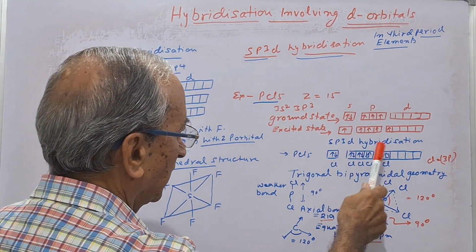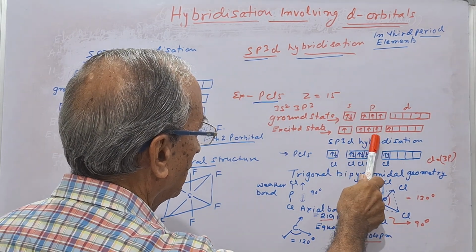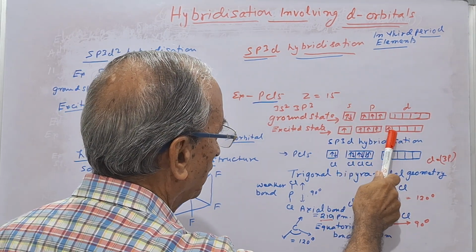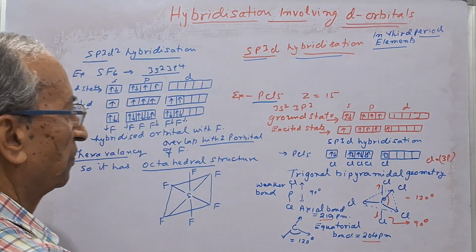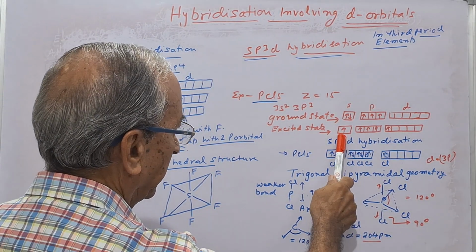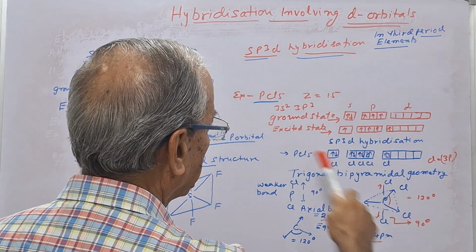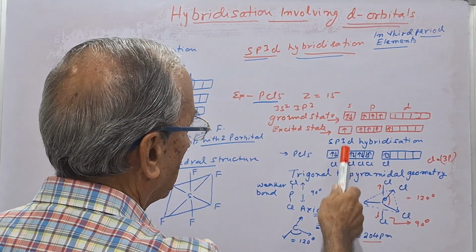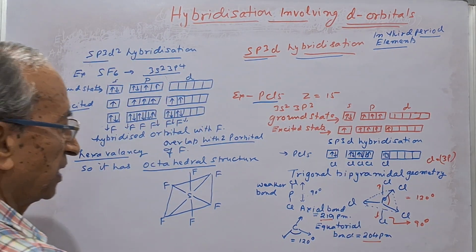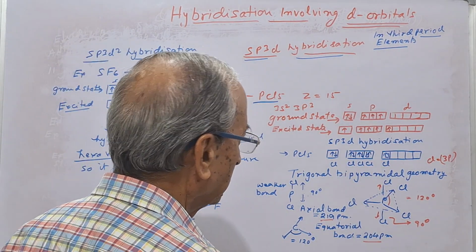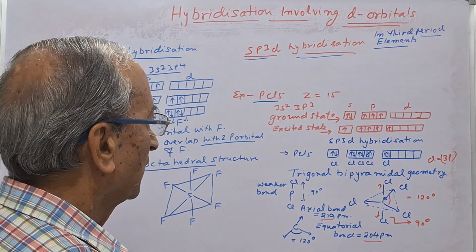Now here you see 1 electron in the 3s, 3 electrons in 3p and 1 electron promoted to the d orbital, that is sp3d.